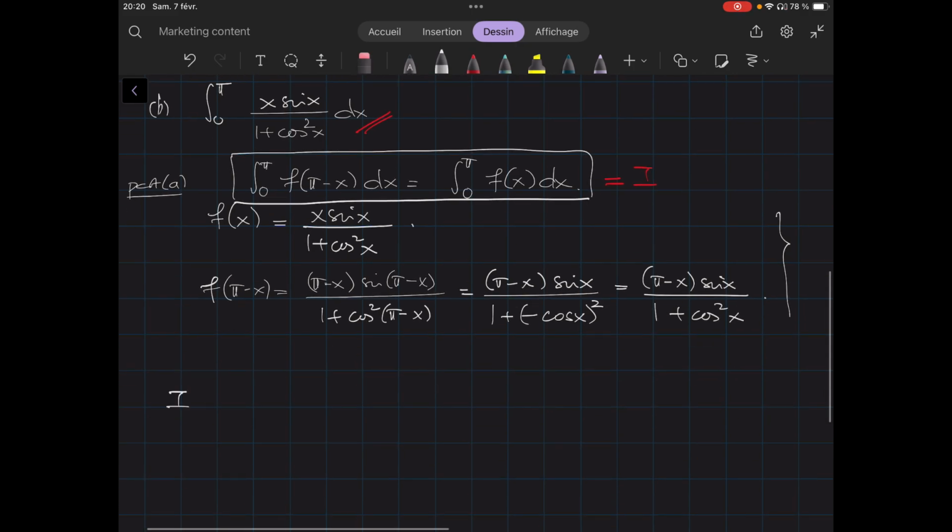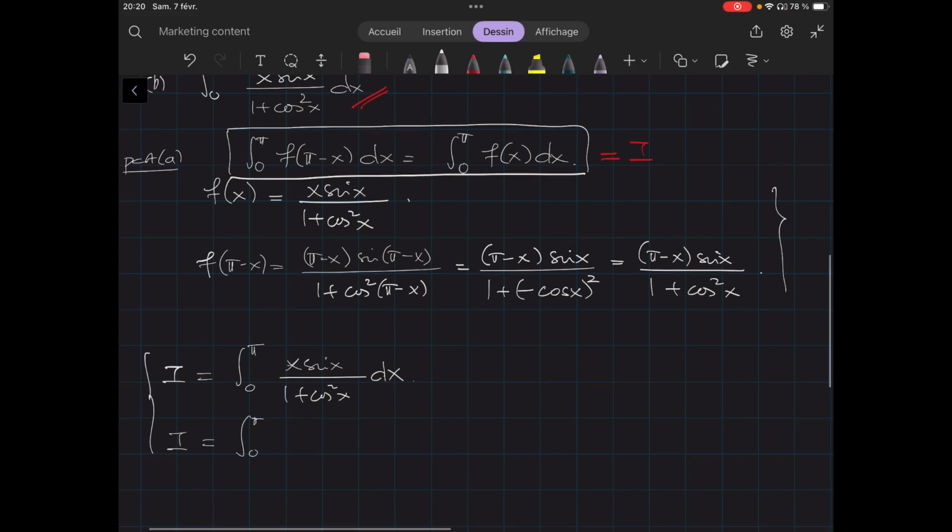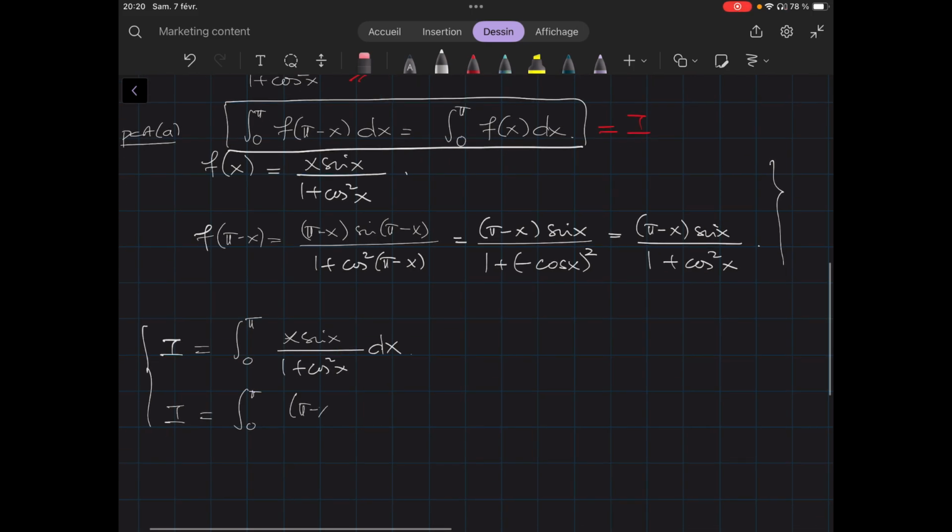So we know that I is going to be the integral from 0 to pi of x sine of x divided by 1 plus cosine squared of x dx. We also know that I is equal to the integral from 0 to pi of (pi minus x) sine of x divided by 1 plus cosine squared of x dx.